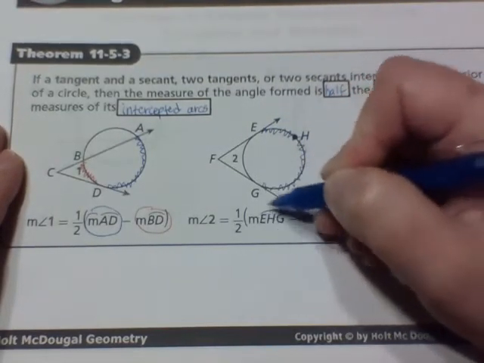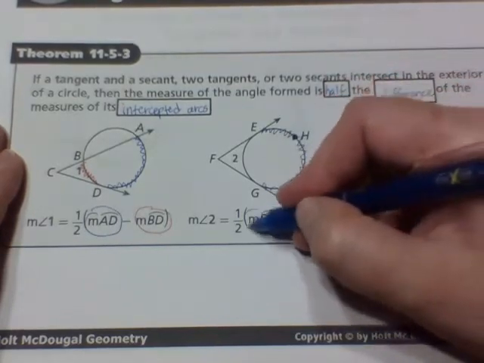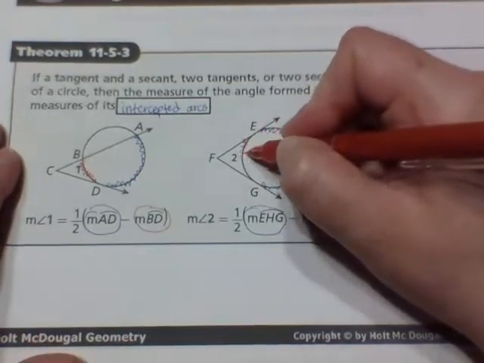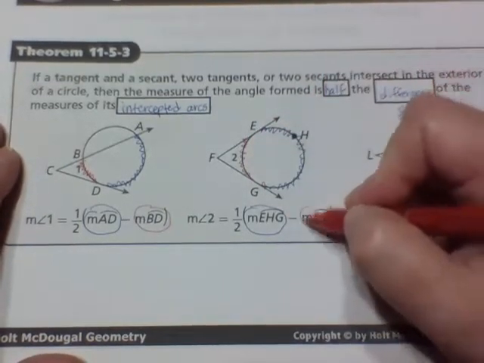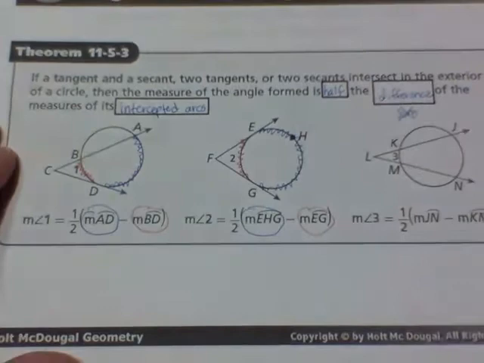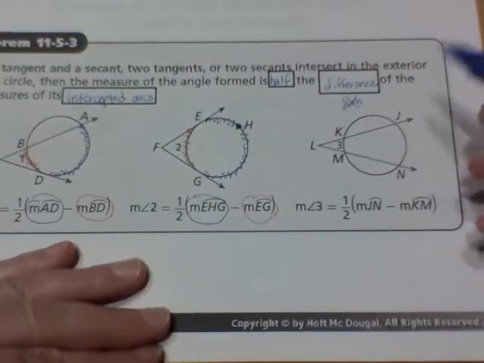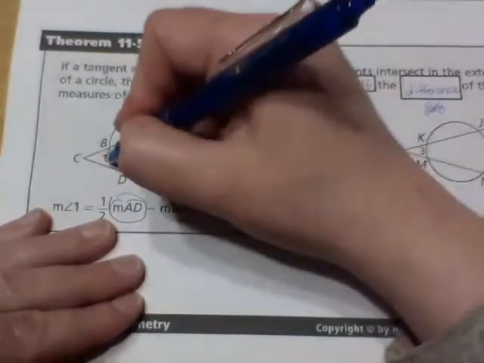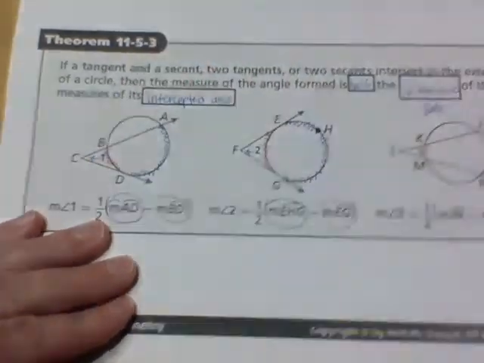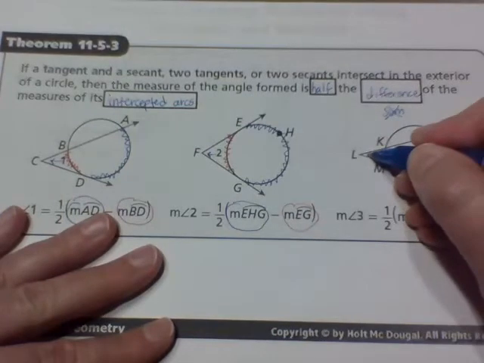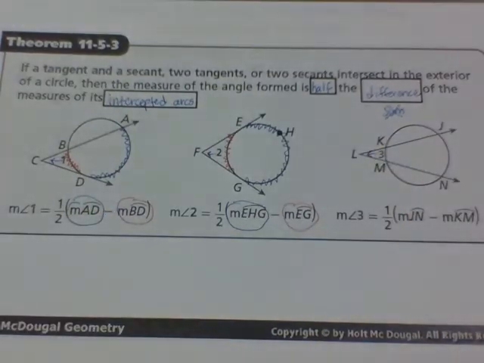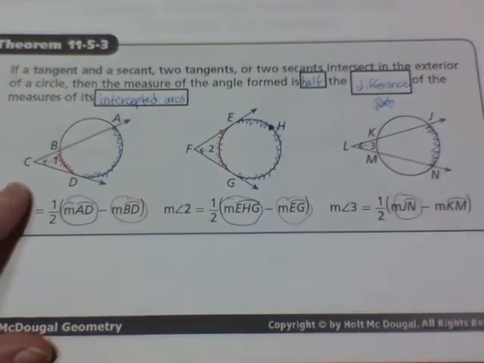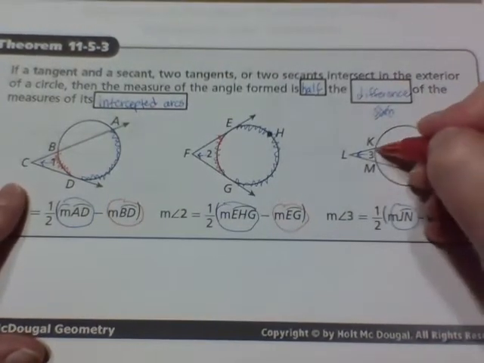Notice it's got EHG. So in that case, it is going to be a lot bigger, but then we'll subtract the smaller one of the 2 tangents intersecting, and then divide by 2 and get angle F. And again, this is the angle right here. Looks like they're trying to say the arc there, but it is the angle there. All right, and then the last one again just takes this outer larger arc and subtracts the inner smaller arc.